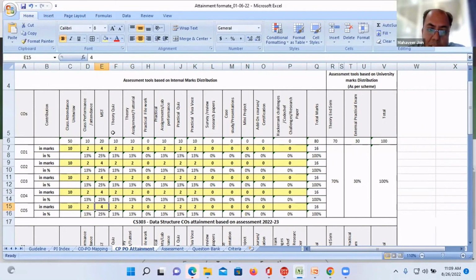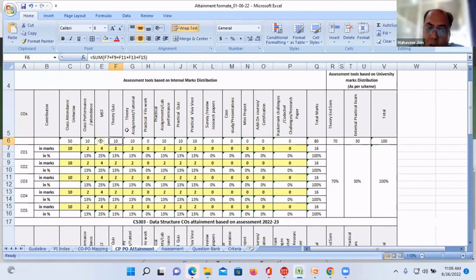Likewise, the theory quiz. I have decided the total number is 10, but those 10 numbers will be divided across the course outcomes or units, like 2, 2, 2, 2, 2. From every unit, I will ask 2-number questions for the theory quiz.